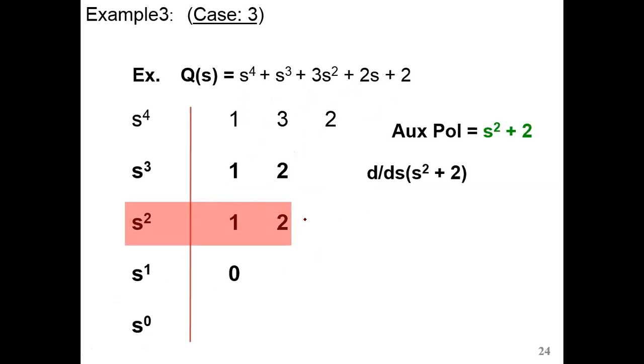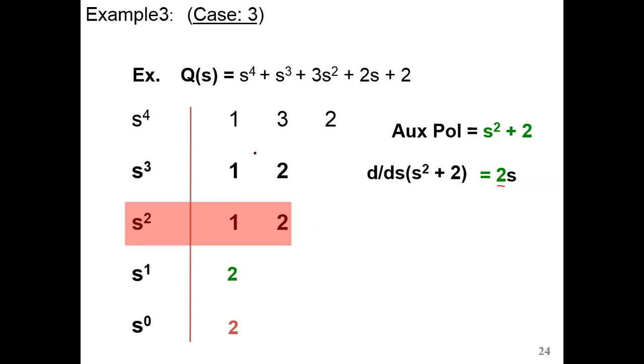The auxiliary polynomial is the row above the 0 multiplied with the coefficients s square and 2. Differentiating this auxiliary polynomial we get 2s, and the coefficient of this term, 2, will be replaced here. Again we get 2. So no sign change.